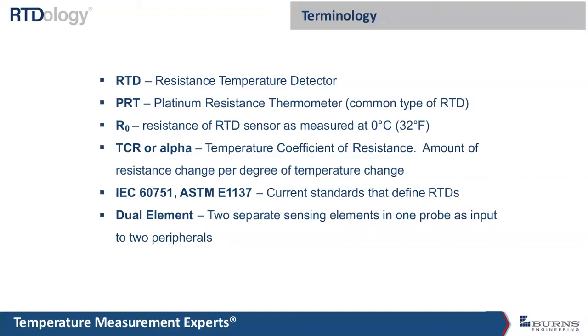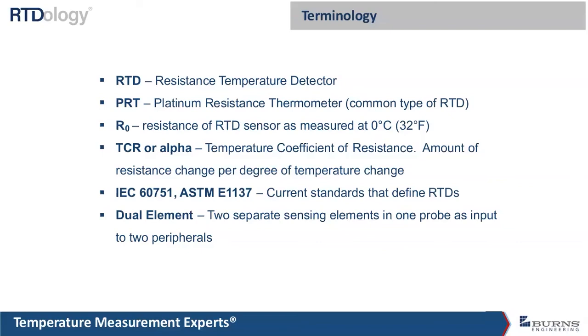A simple definition is that it's the amount of resistance change per degree of temperature change. I'm going to talk about this a little bit more later on, and we'll go through a little example.